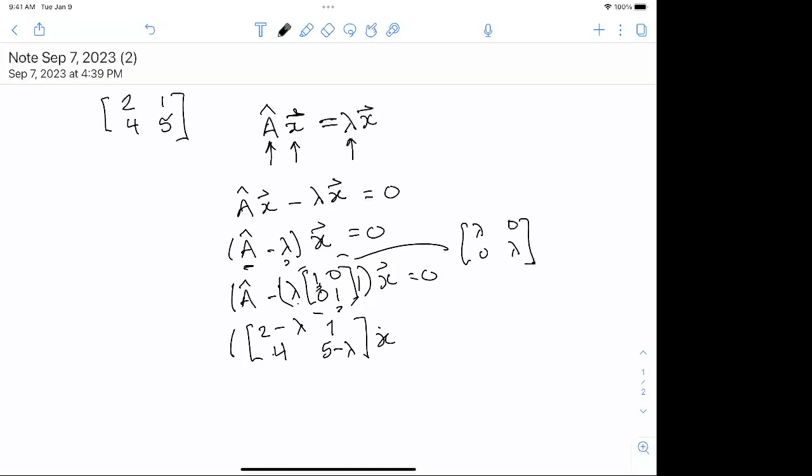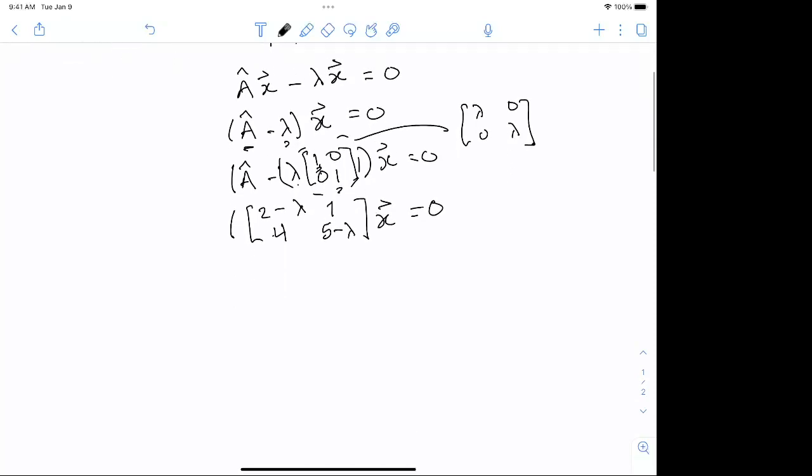Okay, and I wanted that multiplied by my vector x to be 0. Now, if you remember your linear algebra, or if you're willing to trust a teacher here, this will be true if the determinant of 2 minus lambda, 1, 4, 5 minus lambda equals 0. So it turns out this condition here is equivalent to this condition here.